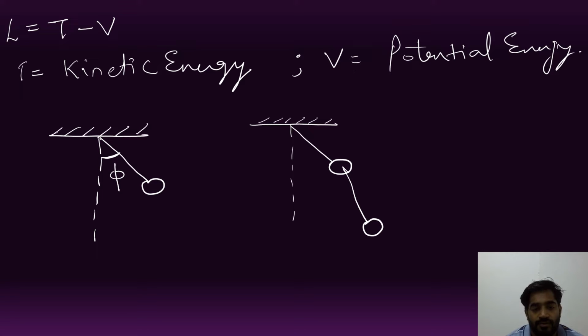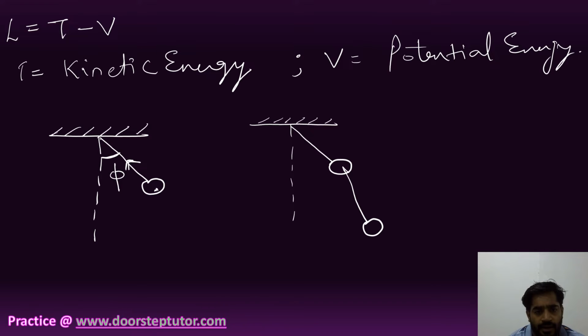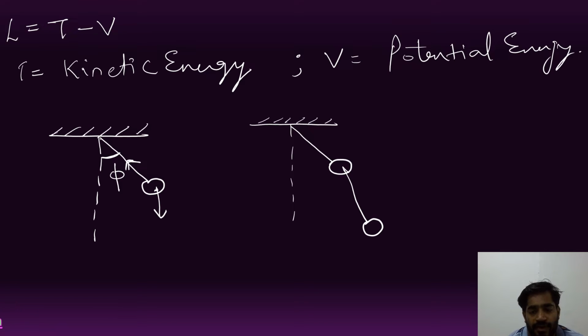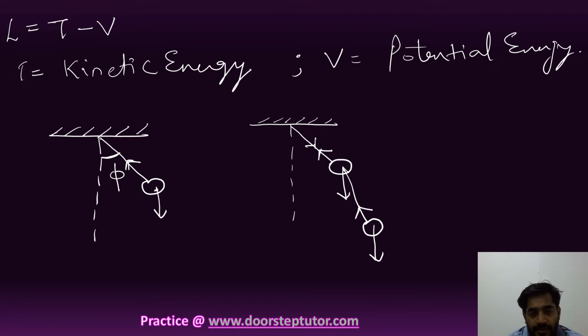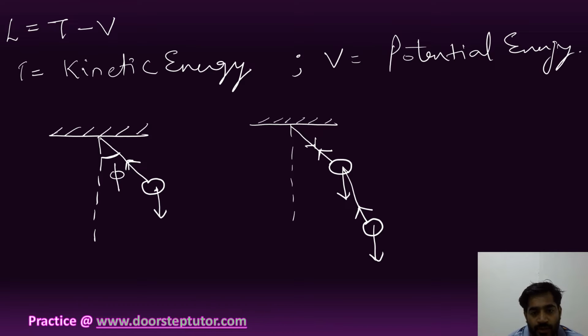Why? Because here there are two forces: one is the tension and another one is due to this bob. Now you can easily solve that. But when we come here, there is one bob, another bob, tension with this and with this also, and simultaneously the whole body is moving.